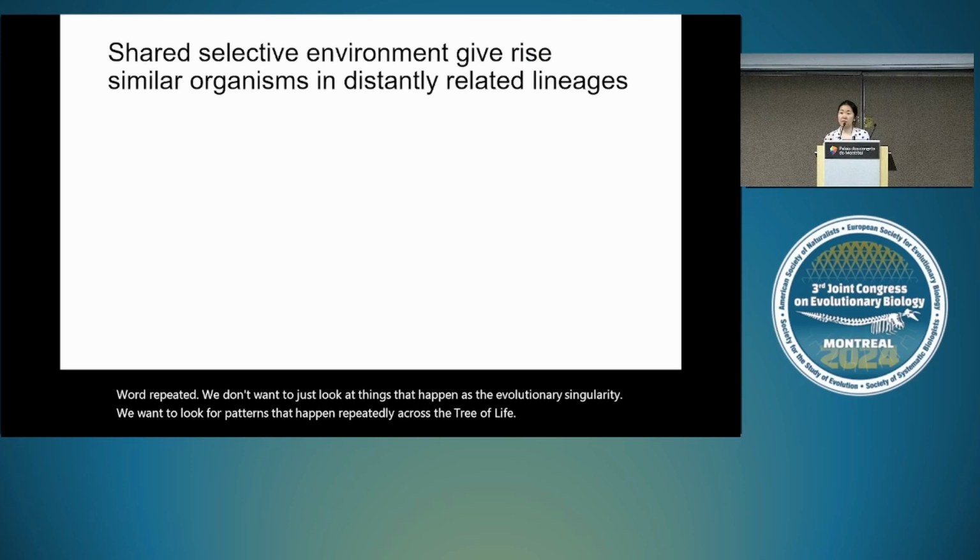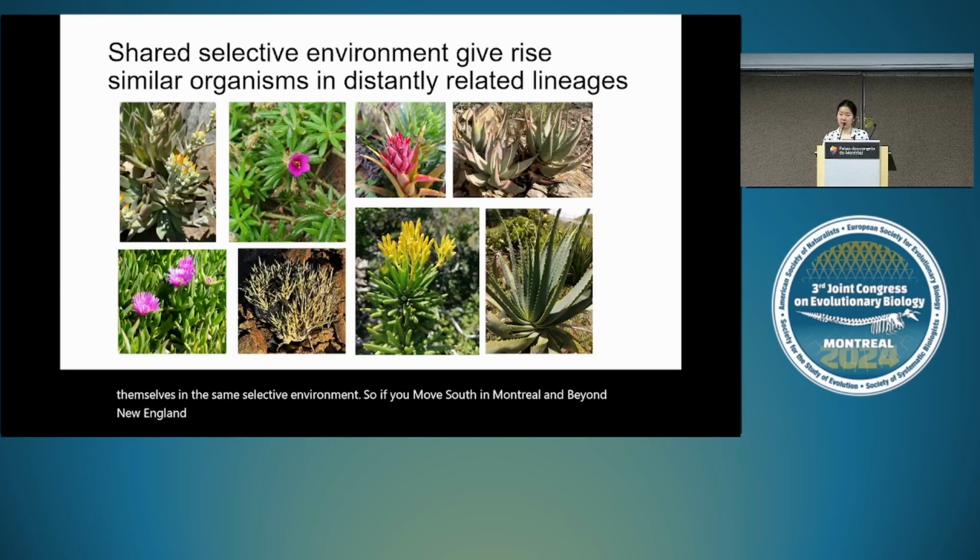And that's when we really come to take advantage of convergences, these gifts of comparative biologists that allow us to look for similarities in distantly related lineages that find themselves in the same selective environment. So if we move south of Montreal and beyond New England into the desert, you will find a community of succulent plants that have evolved varying adaptations to arid, hot and dry environments.